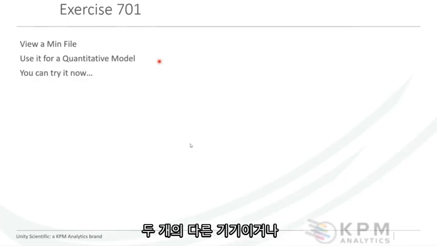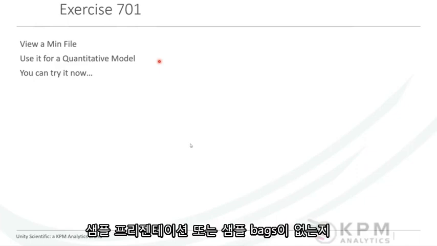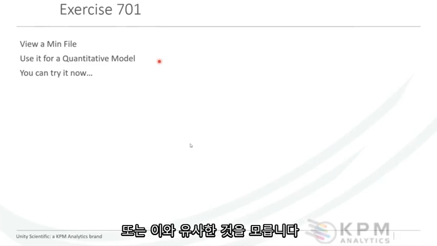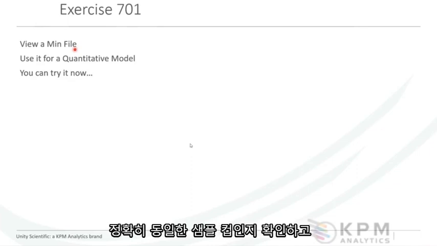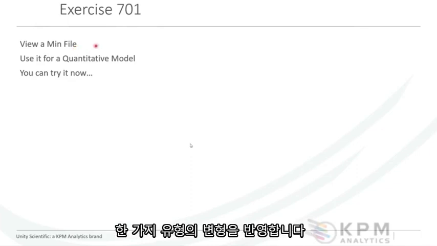Or it might be two different instruments, or different sample presentation, or sample bags, or something like that. You can combine multiple, I call them experiments, in a min file. Just make sure that whenever there's a sample number 1 in a min file, it's the exact same sample cup and you're reflecting one type of variation.